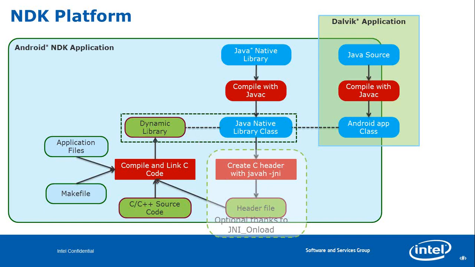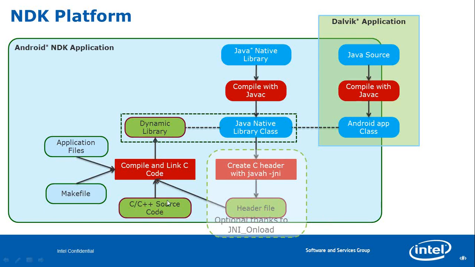All the layers of this Android OS are interfaced through Java classes. For example, you have a header file in the native code. How do you compile it into the dynamic library and link it to your Android platform? You have to link the header file to the actual dynamic library and compile and link it to the C code.